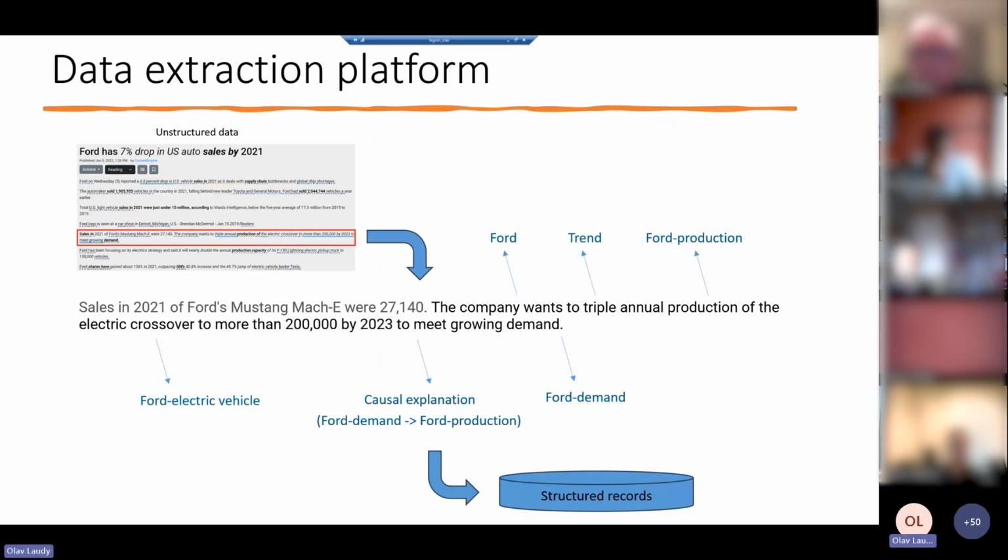We detect a driver, Ford demand, and a target, Ford production, and store this as a structured record. This is done for any financial and economic entity thinkable, and has resulted in a data table with 65 million of such causal pairs. The main message of this slide is that we use a fintech platform that collects, among many other things, causal relationships from text.